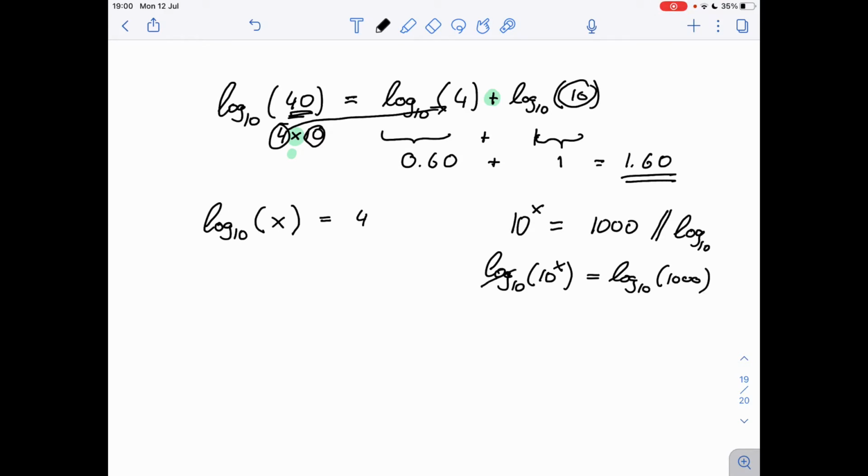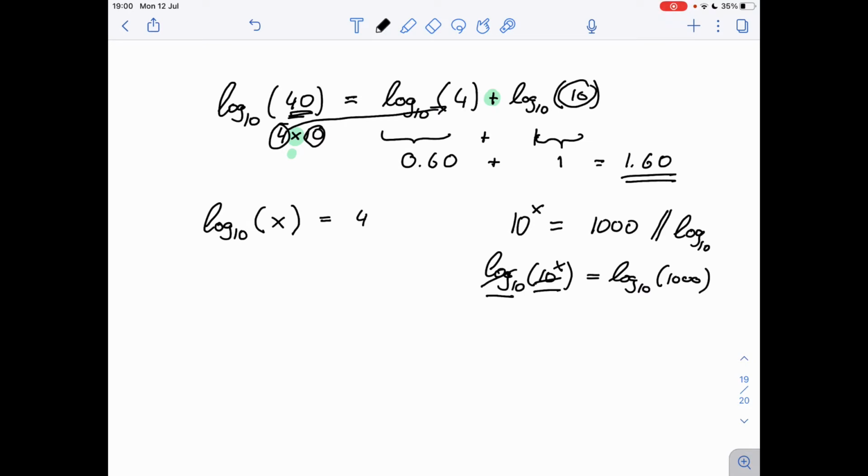And we said log 10 and 10 cancel each other out because they are the inverse operations. As I said, log 10 and 10 to the power are the inverse mathematical operations. They cancel each other out.